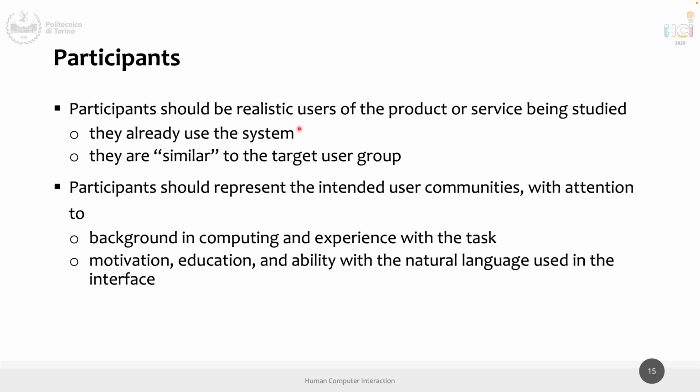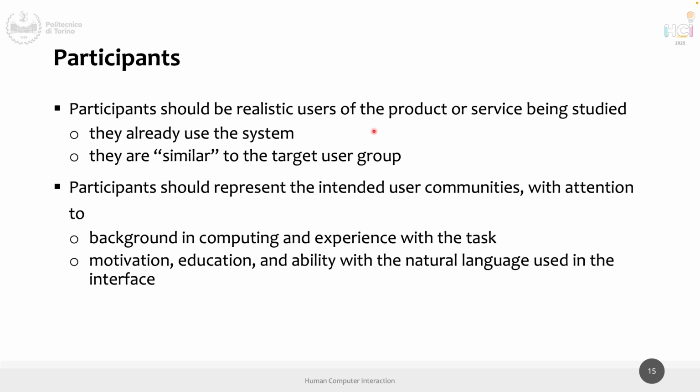So participants, we talk a lot about participants when we talk about need finding. Some additional points here. Participants should be a realistic user of the product or service or application that is being evaluated. They could be someone that already used the system, or they could be similar to the target user group.